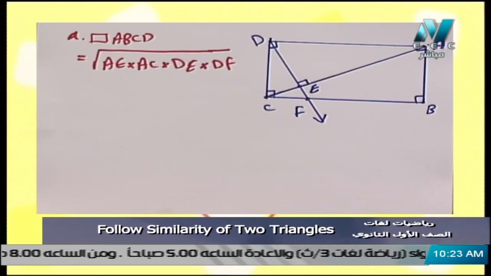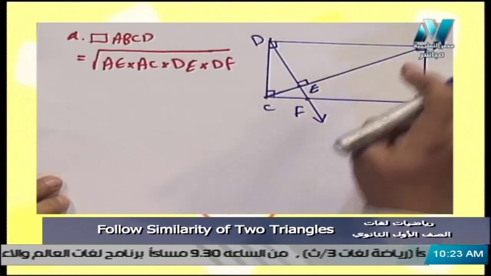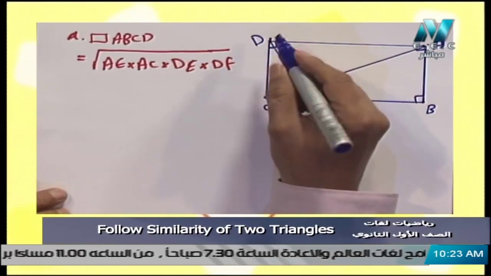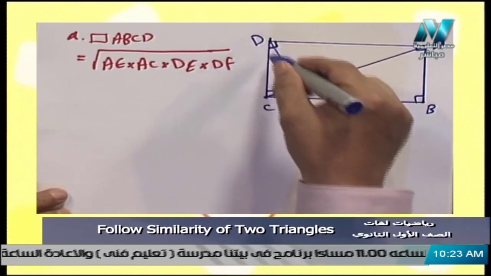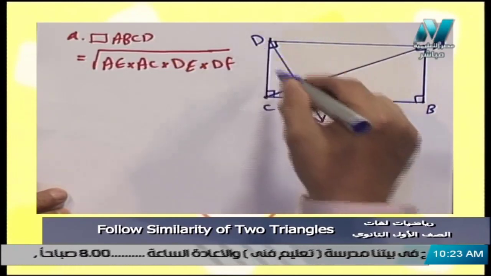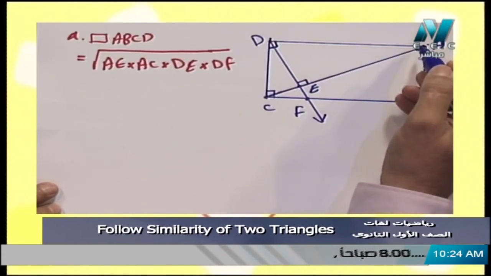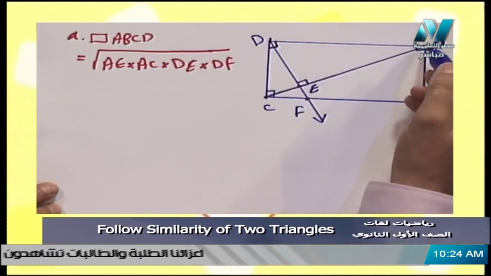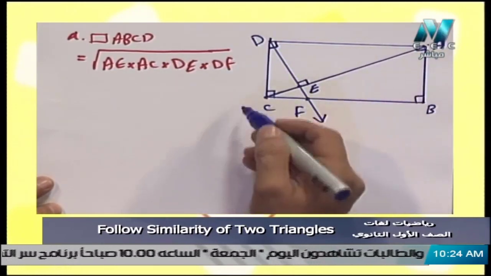First, let's move to the triangle ADC. Look carefully at triangle ADC now. We notice that here D is a right angle, and from the right angle we draw perpendicular DE to AC. So we can say that AD power 2 here is AE multiplied by AC.